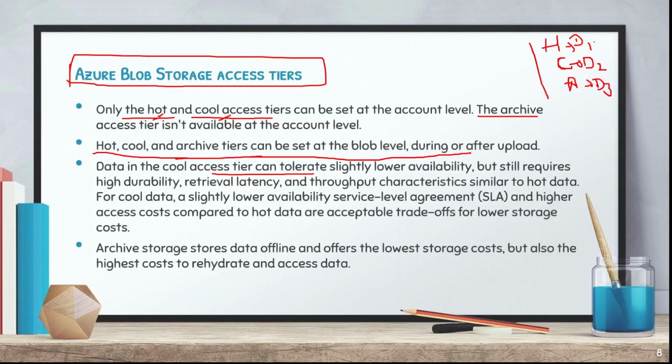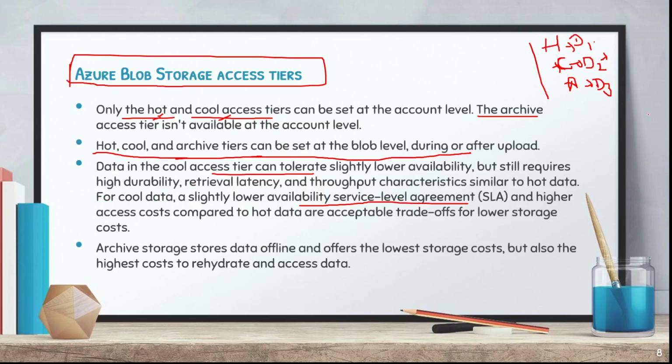You can immediately download the file present in the hot access tier, but data in the cooler tier will not be as fast, and you will even have a lower availability SLA. And if you want your cool tier data, you need to pay Azure. Azure will charge some amount of cost to retrieve the data from cool, and that will be quite higher.